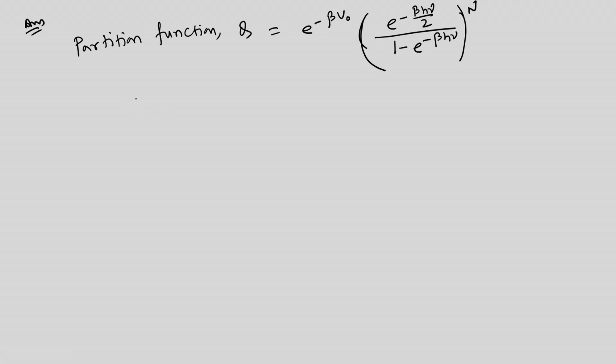So, ln q, now we have to consider molar heat capacity. So, molar heat capacity we need to calculate. Molar heat capacity means we have to consider n is Na here.